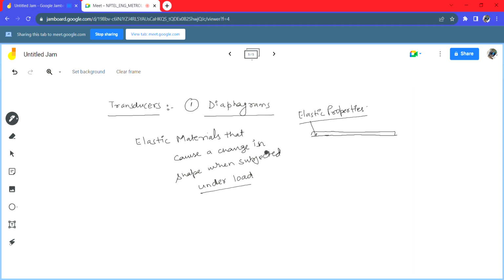Now what will happen is when we apply force onto this surface, this will cause a deformation and the shape would change like this.